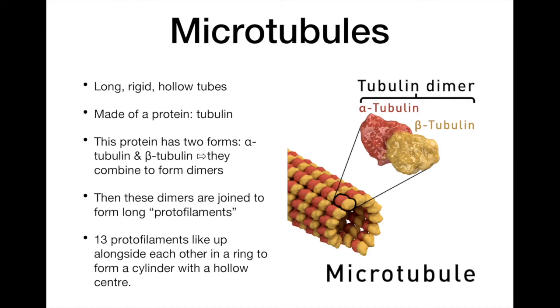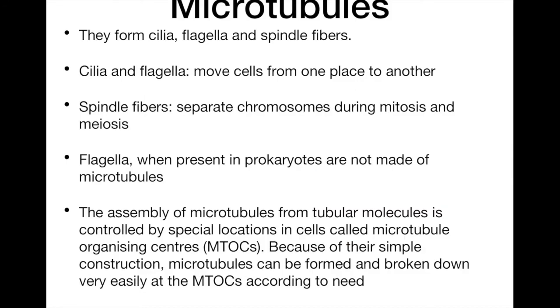Now, apart from the mechanical function of support, microtubules have a number of other functions. Secretory vesicles and other organelles and cell components can be moved along the outside surfaces of the microtubules, forming an intracellular transport system. Membrane-bound organelles are held in place by the cytoskeleton.